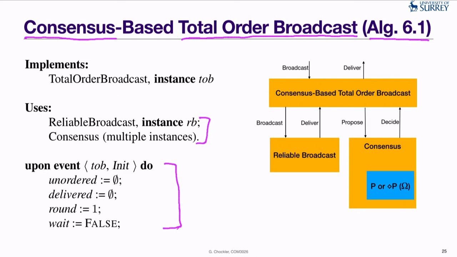So the algorithm we'll be discussing is this one here. It's a consensus-based total order broadcast, and it supports these two events, broadcast and deliver. And inside it is going to use as underlying components reliable broadcast, so it's one instance here, as well as consensus.